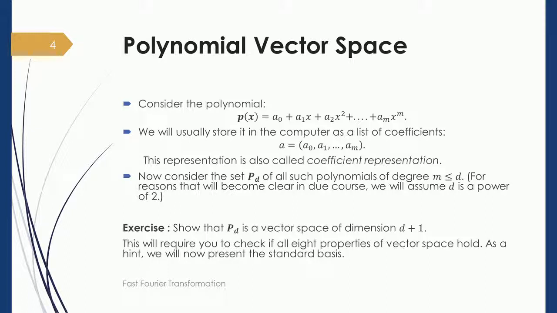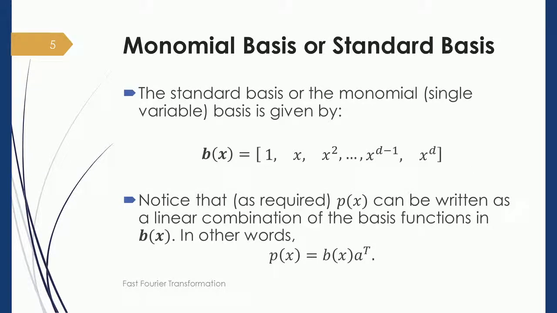So, now given this notion of vector space, there must be a standard basis. So, let us first look at what that standard basis might be. It is nothing but the monomial basis comprising of the following d plus 1 functions. Remember, we claimed this is a vector space of dimension d plus 1.